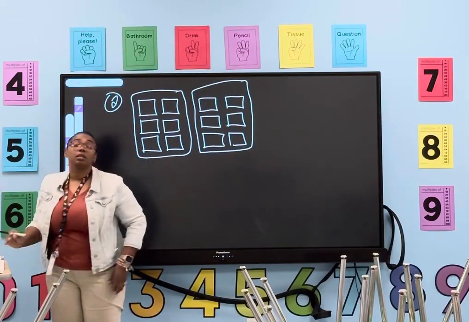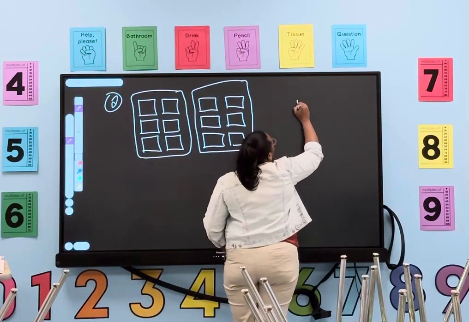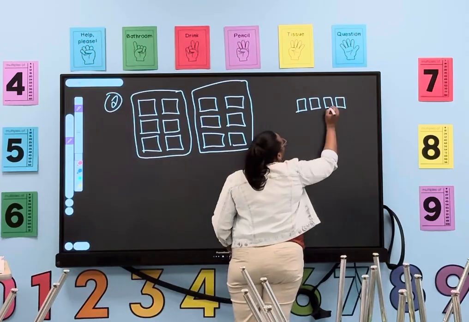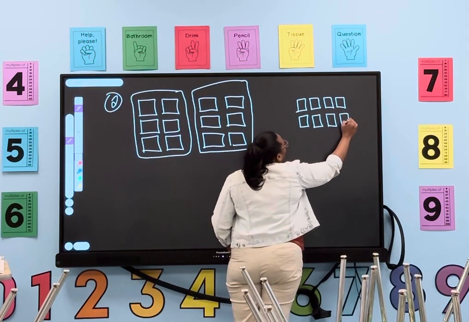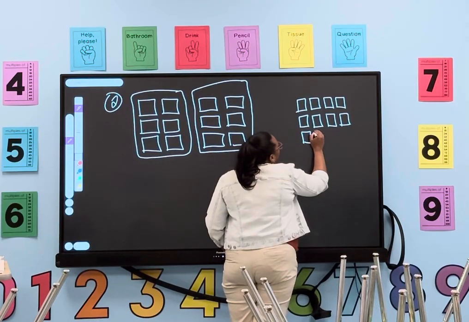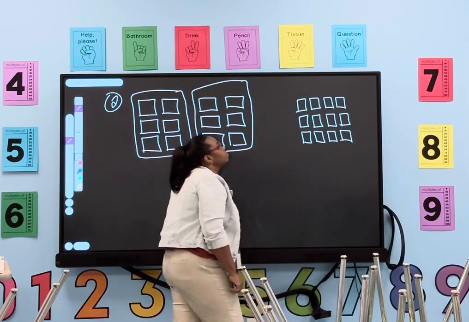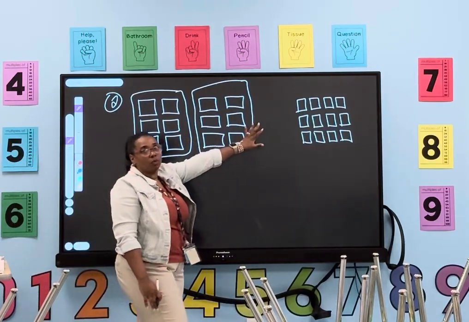So basically this is an array that looked like this at first. I'm going to show you what it looked like at first. We had 3 rows of 4. When we talk about arrays, we talk about rows and columns. Rows go left to right or side to side. Columns go up and down. So this is what the original array looked like.